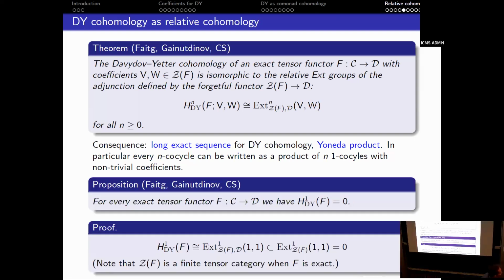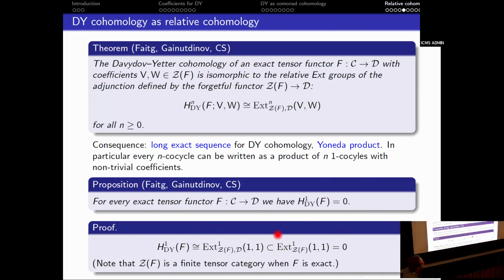Good. So now you can sit down and get some cheap results. For example, you can prove that for every exact tensor functor, the first Davydov-Yetter cohomology vanishes. Well, that's a cheap result in the following sense: we know now that the first Davydov-Yetter cohomology is a relative Ext. For first cohomology, this is contained in the Ext^1 for the monoidal unit, but we know that Ext^1 vanishes for years.